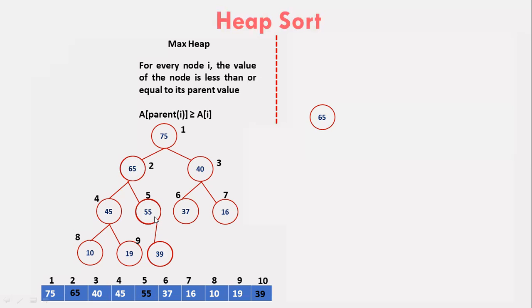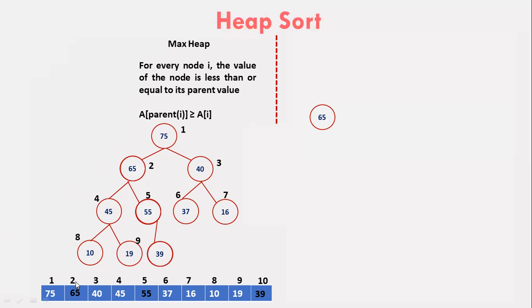In the array, what we do is we place 65 in this particular position and 55 in this particular position. So now my tree is going to appear something like this. And even now it is not done. We have to compare this 65 with its parent. So what is the index of 65? It is 2.